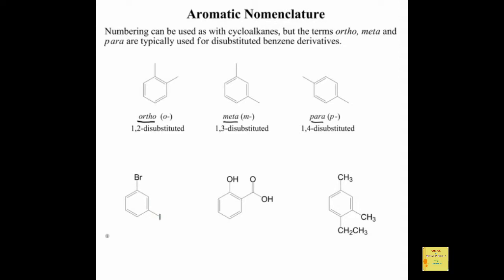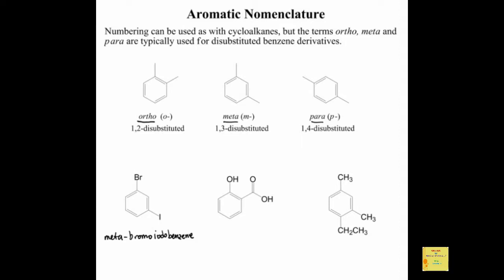They're meta. So we could just describe this as meta-bromoiodobenzene. So benzene is the parent. I have a bromine and an iodine, and they're meta to one another. It's a flat molecule. It doesn't matter where you put the bromine, where you put the iodine. As long as you put them 1,3 to each other, you're going to end up with the same compound every time. So it's really easy nomenclature.